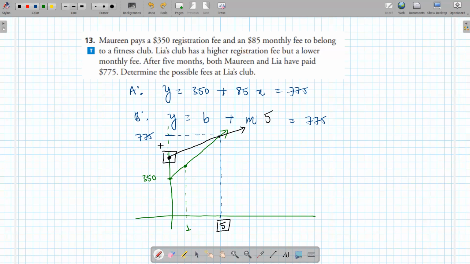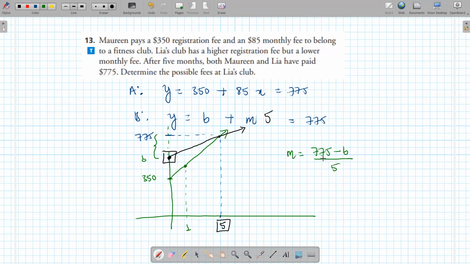Now look at this. The formula for slope is what? Rise over run, right? So we're trying to find the rise from here to here. Let's say that is B, divided by run. Rise over run is the formula for slope.